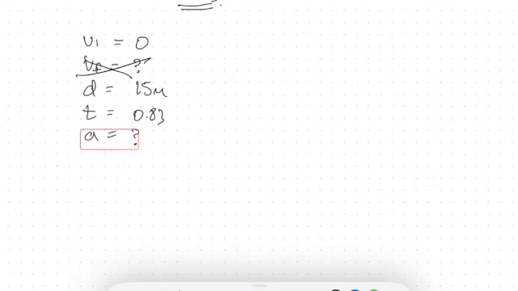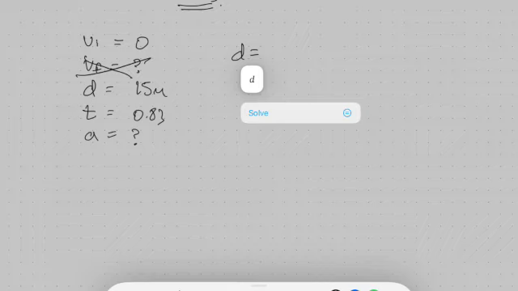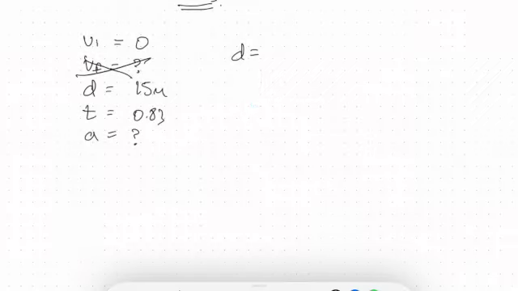So you go to your formula sheet, and you look at the formulas, and the one that has no velocity final is D equals velocity initial times time plus 1/2 AT squared.